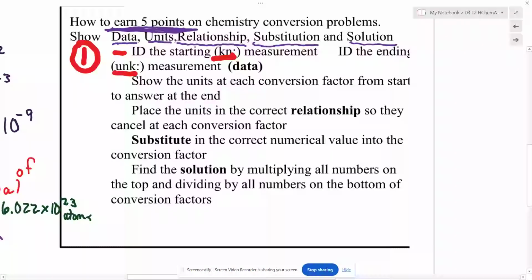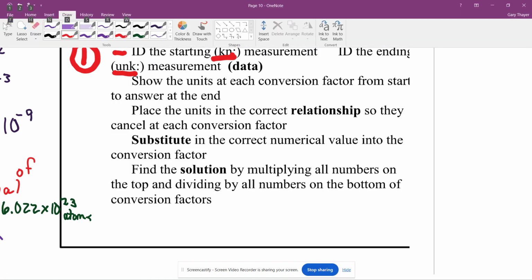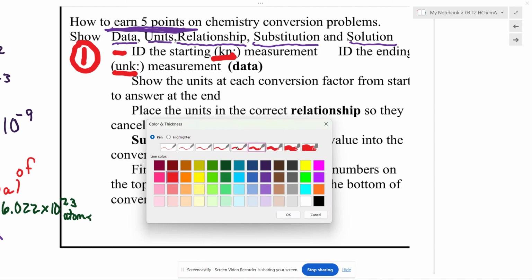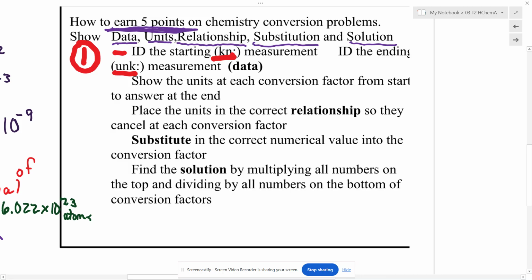So showing your work, and there is a reason that I require this, because there is always a certain group of students who don't know where to start the problem. And if you write these things down, or at least identify them by initials, known and unknown, you will know where to start the problem. Guaranteed you will know where to start the problem. I'm going to show you that in a moment. Then, you're going to need to show the units at each conversion factor.